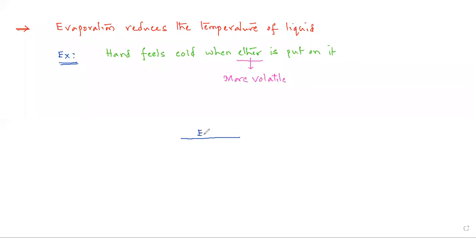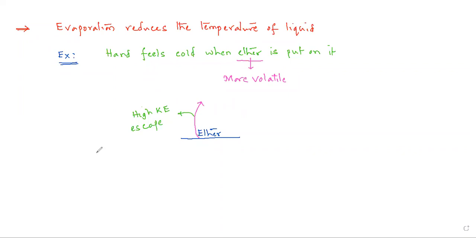Now, when ether is put on hands, immediately the evaporation starts, and within no time it gets evaporated. And we know that during evaporation, molecules having high kinetic energy escape into space above the liquid, right?